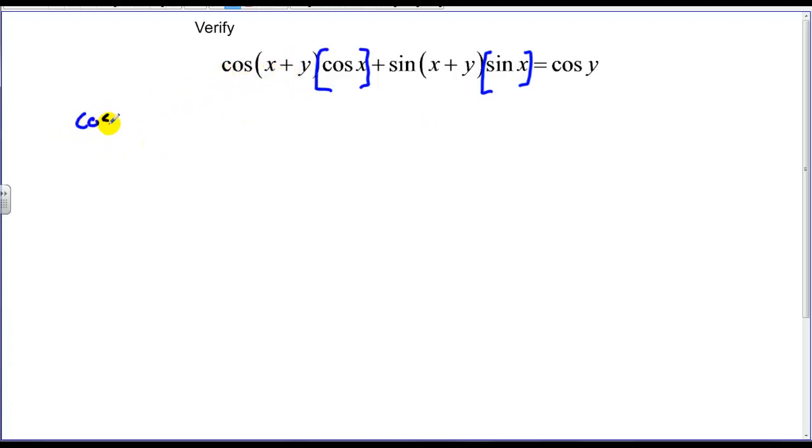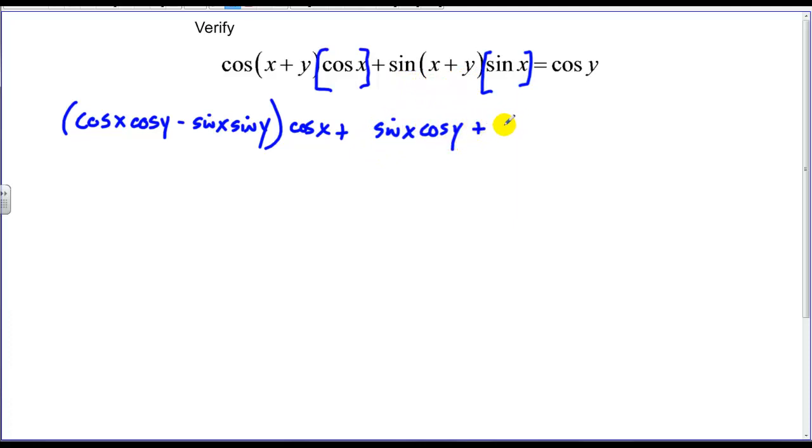So cosine of x, cosine of y, minus sine of x, sine of y, and all that's going to get multiplied by the cosine of x. This is sine of x plus y, which is sine, cosine, cosine, sine, sine of x, cosine of y, plus cosine of x, sine of y, and all of that is multiplied by the sine of x. And we hope that equals our cosine of y.